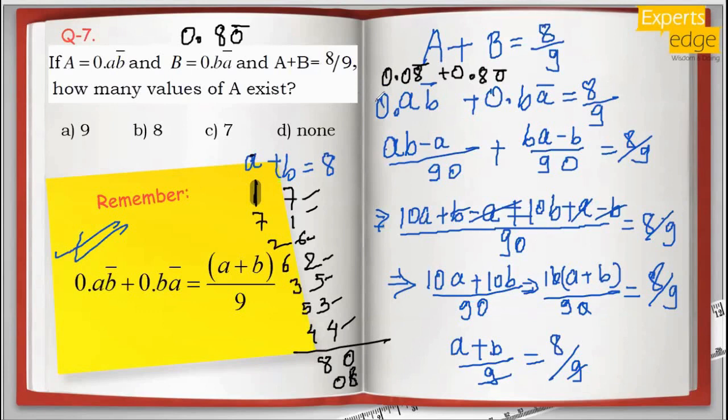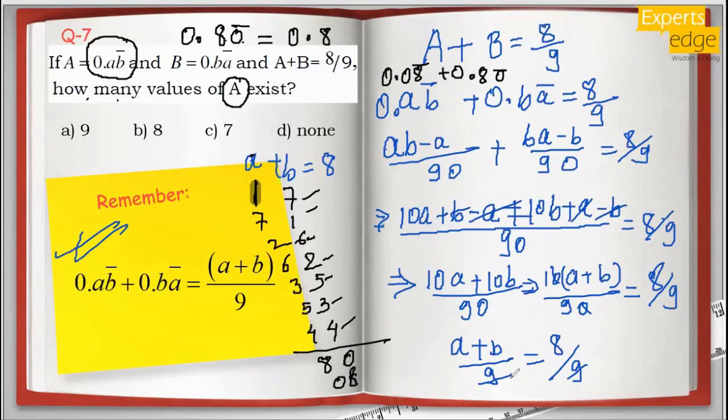So what to do here? The catch here is how many values of A he is asking. So you need to concentrate on this thing. Out of these two combinations, which value will go? Obviously you can't take 0.80, because this is as good as 0.8 and this is a single-digit number. You can't take this value because 0 bar has no significance.